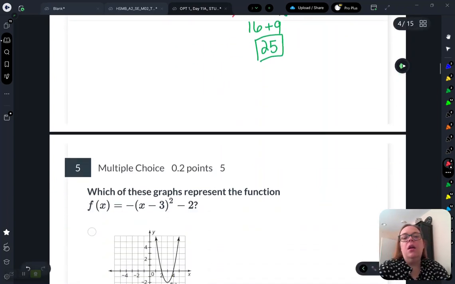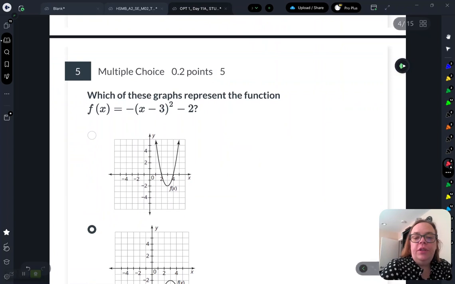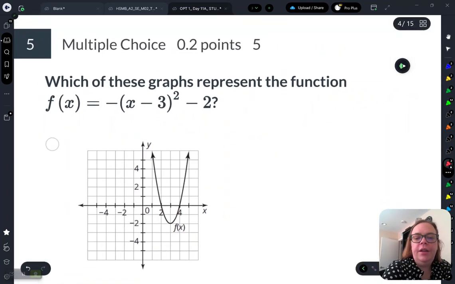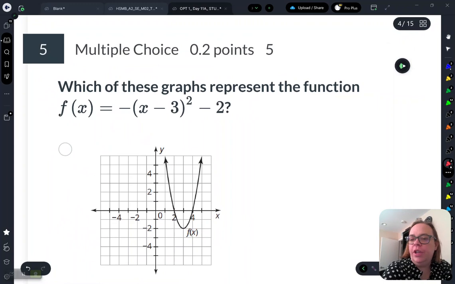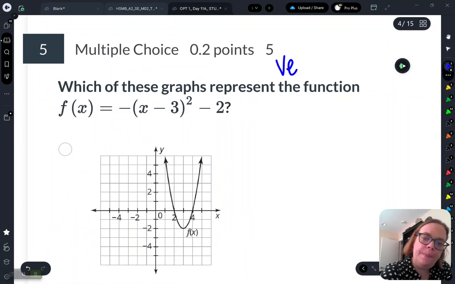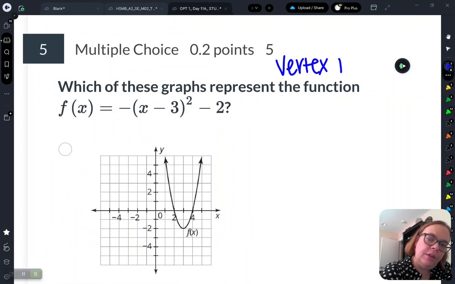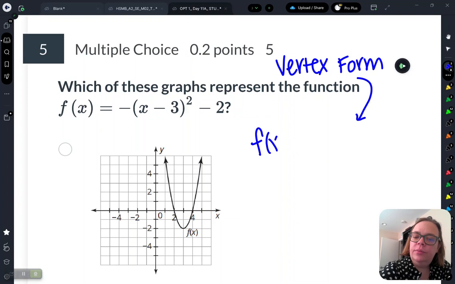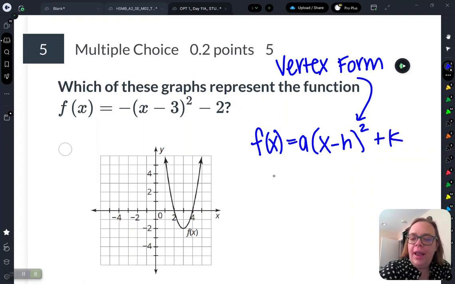Okay, number 5, which of these graphs represent the function? So what I see here is vertex form, okay? So let's review what vertex form is. Vertex form is a times (x minus h) quantity squared plus k, where (h, k) is the vertex.